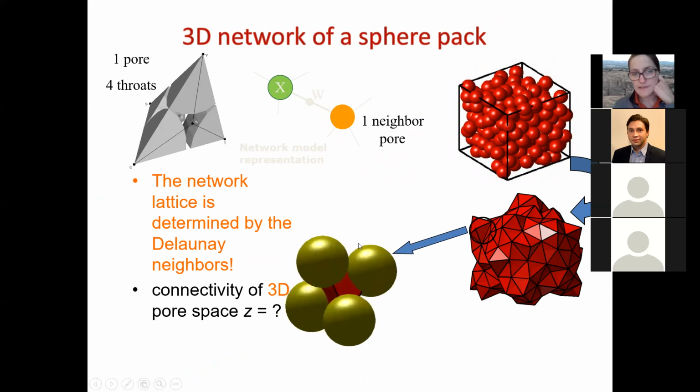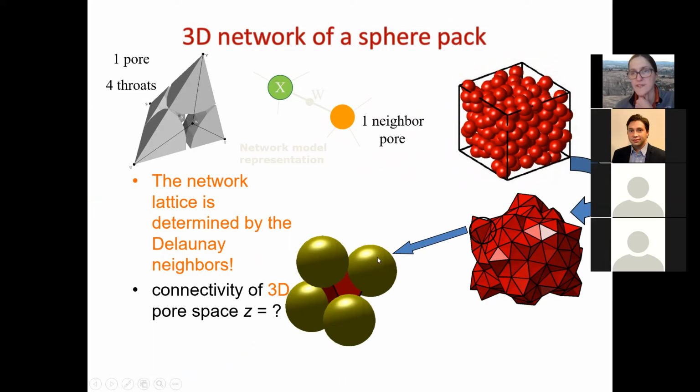And in this particular case, since every tetrahedron has 4 sides, what is the connectivity in 3-dimensional space of this 3D network that you get from tessellation? I just told you. Everybody's sleepy today. How many neighbors do I have here?